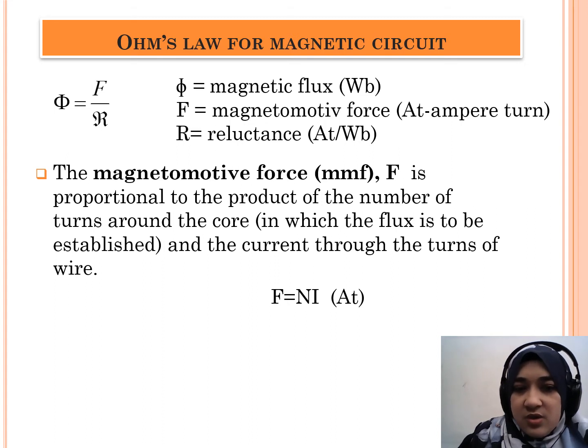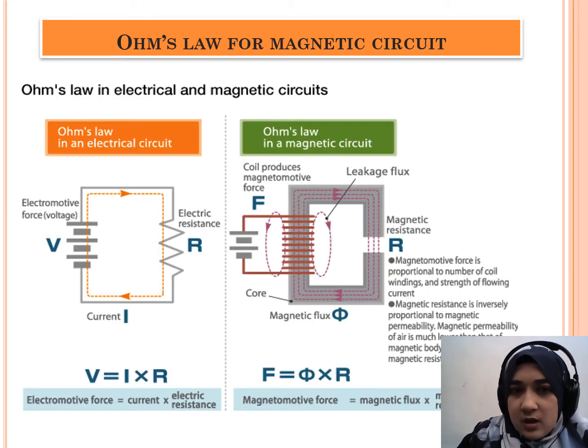F equals Ni, where N is the number of turns of winding in a coil and I is the electric current passing through the coil. MMF is the ability of a coil to produce magnetic flux. So when magnetic flux is produced by electric current passing through the winding, this is what we call the MMF. So this is the difference in Ohm's law between the electric circuit and the magnetic circuit. You can read it.